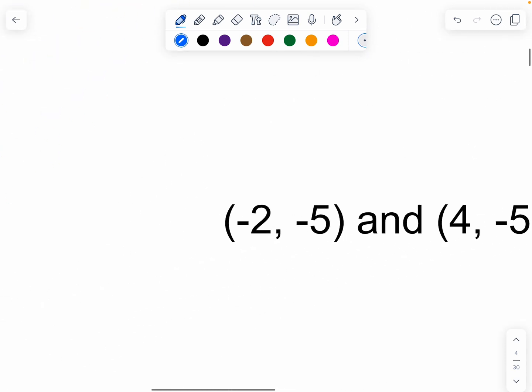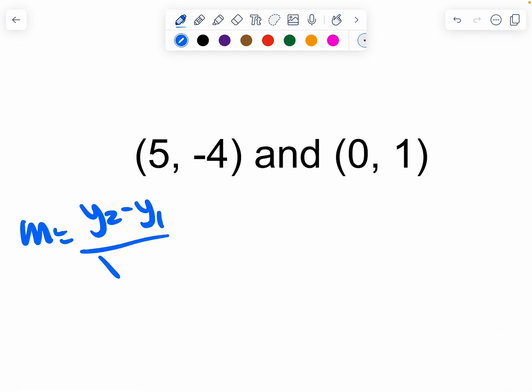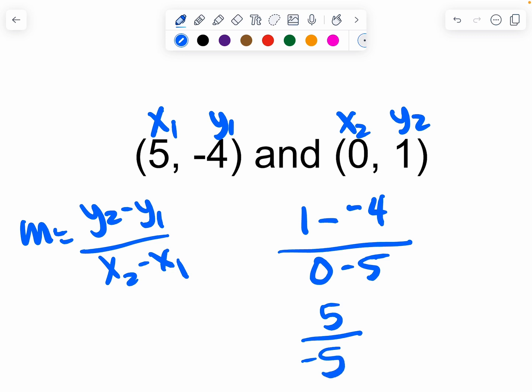Okay, come down to this one. We do the same thing, y2 minus y1 over x2 minus x1. So I take 1 minus a negative 4 over 0 minus 5. Is that a 5 on top? That's a 5 on top, negative 5 on bottom, so that gets me negative 1.